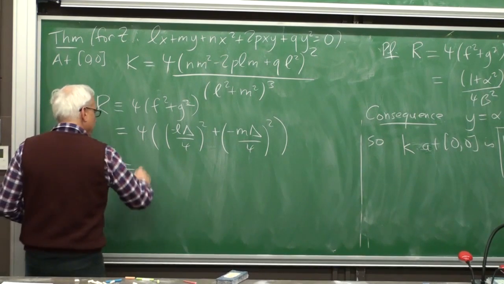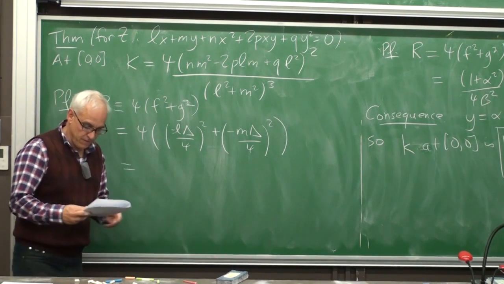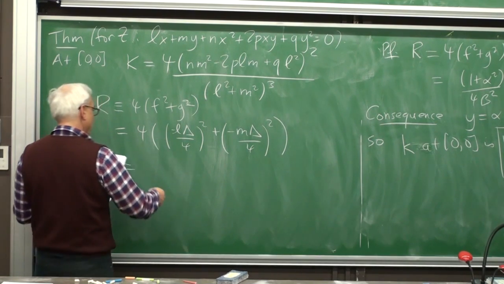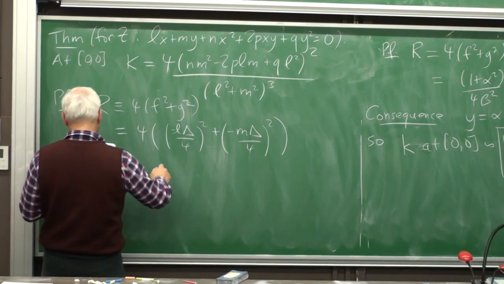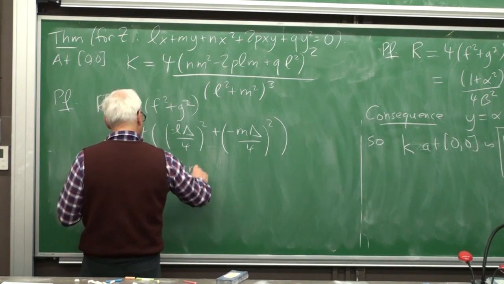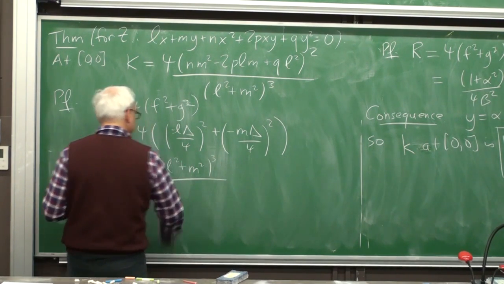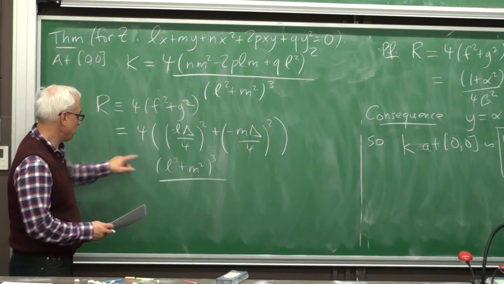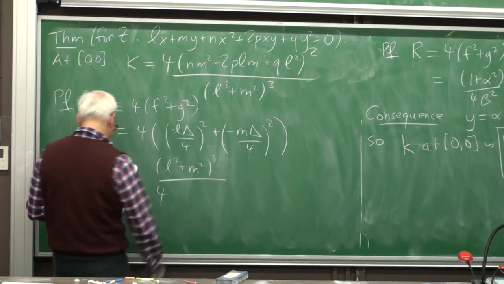And so the delta itself had an L squared plus M squared in the numerator. So together with that L squared plus M squared, it's going to be an L squared plus M squared cubed. And then there's going to be 4 squared appearing down here, which will cancel a little bit with that 4 to give us a 4 on the bottom.